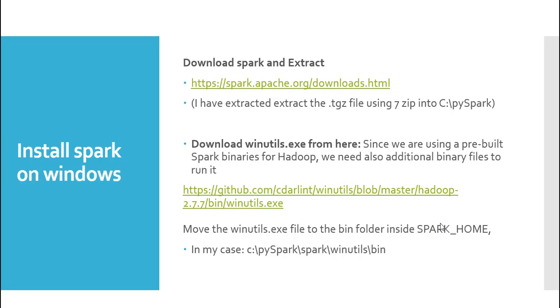Please note that there should not be any space in the folder name. In my case, I have extracted it under C PySpark. Since we are using a pre-built Spark binaries for Hadoop, we also need to use another component named as winutils.exe. You can download it from the link as mentioned below.